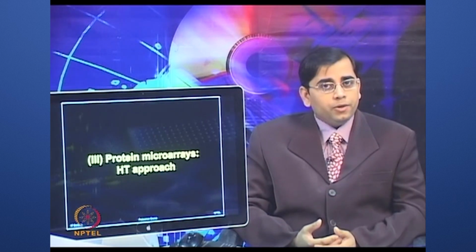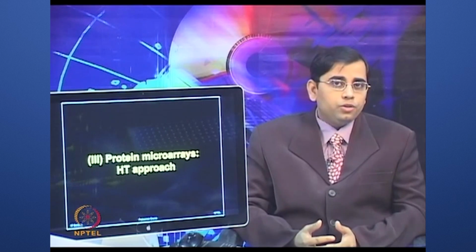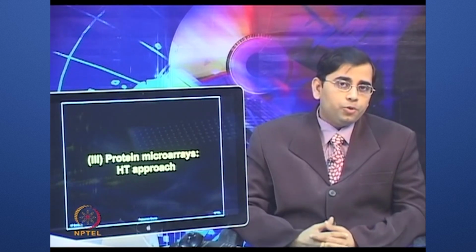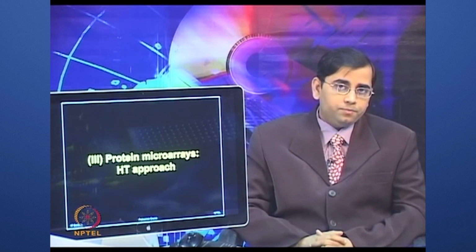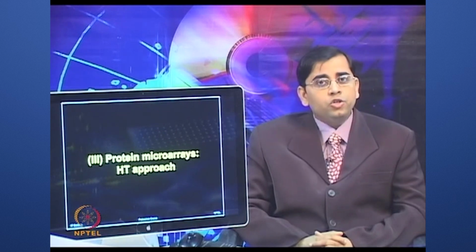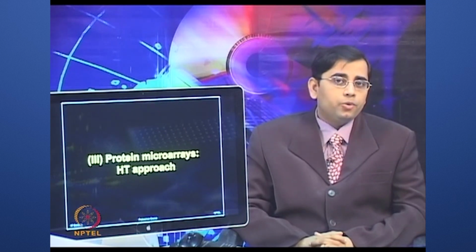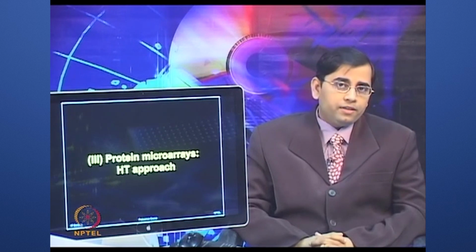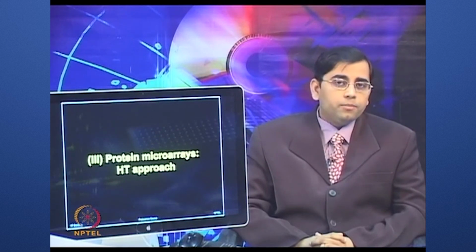So, by using DNA microarrays, scientists have shown the potential of high throughput genomic technologies. The success of genomic technologies such as DNA microarrays has motivated the development of protein microarrays.